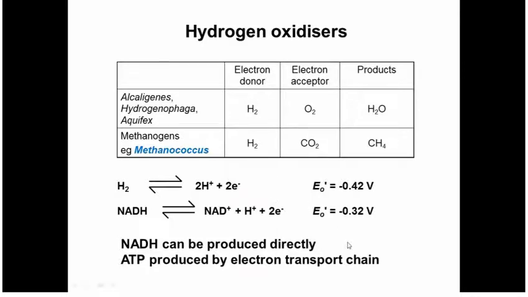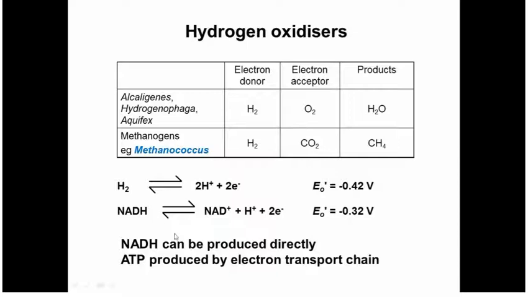Now, hydrogen gas is such a good electron donor that it can actually reduce NAD+ directly and form NADH. So look at the redox potential here. It's an even better electron donor than NADH. So an enzyme can just transfer the electrons onto NAD+. It's a favorable reaction.